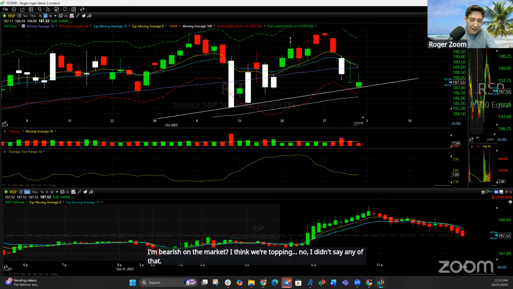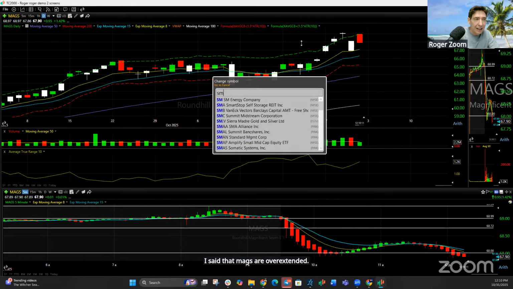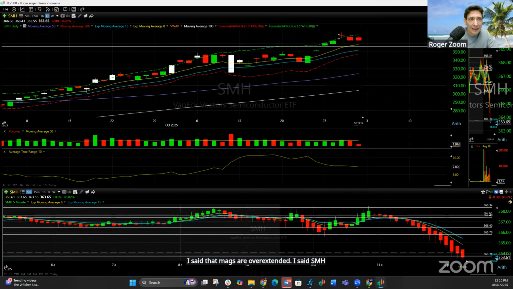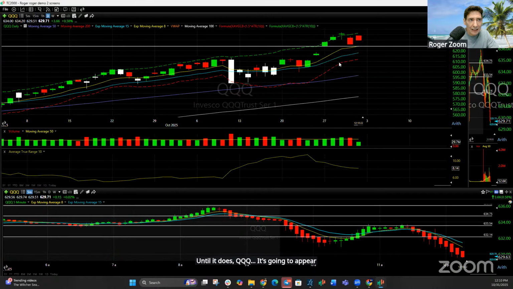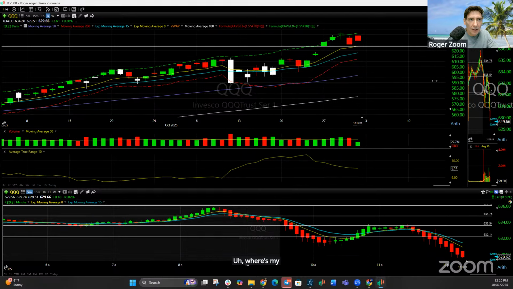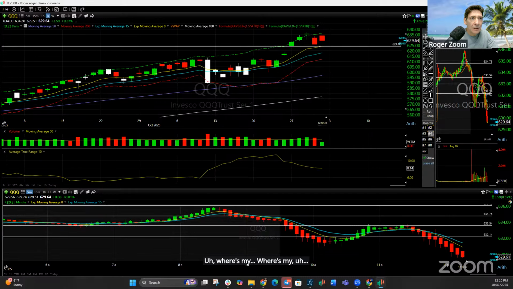I said that the mags are overextended. I said SMH was overextended. I said it needs to come down to this area right here. Until it does, QQQ is going to appear overextended.